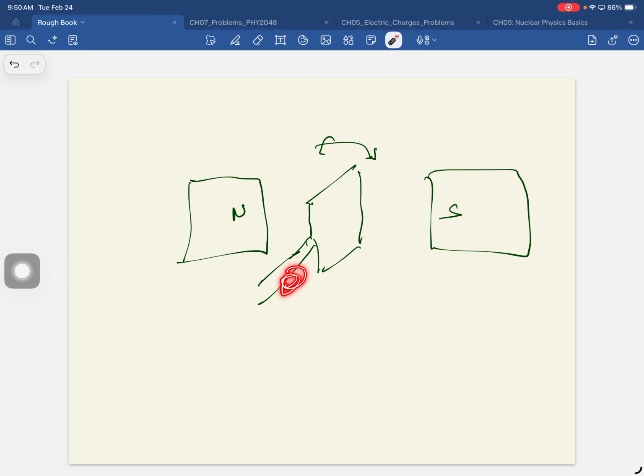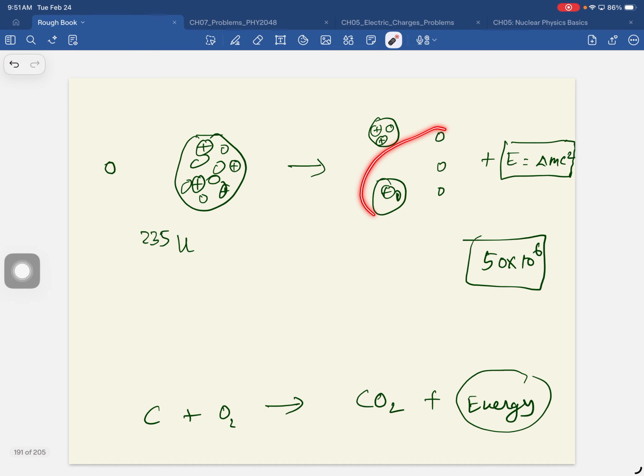In a windmill, the wind turns this wire to produce electricity. In a dam, the flowing water turns this wire. In a coal power plant, how do you produce electricity? Burn coal, the heat is used to produce steam, and steam is turning this wire. In a nuclear reactor, about 35% of that heat gets converted to electricity.